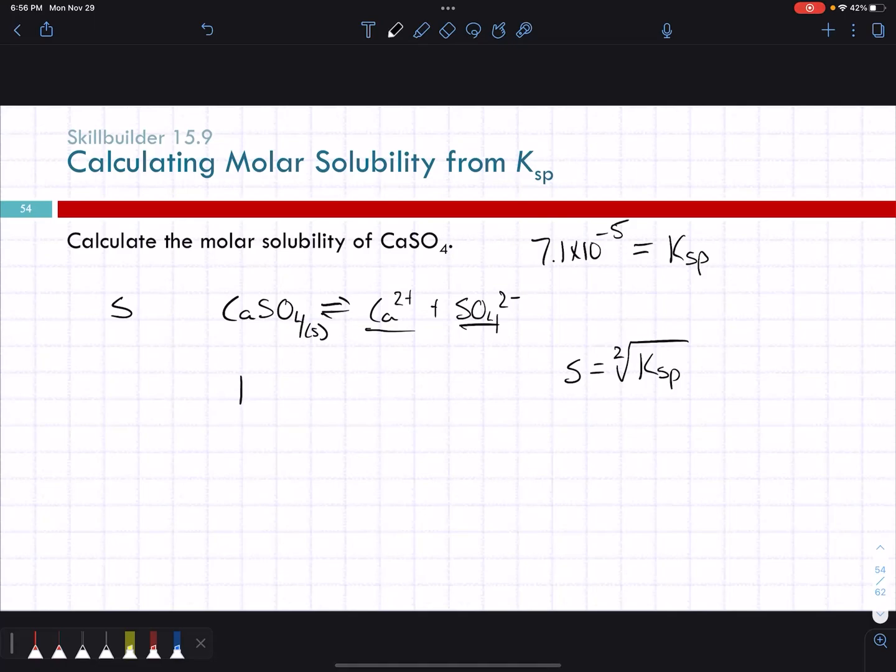But we could also just go ahead and write out the Ksp equation: calcium 2 plus times SO4 2 minus. So each of these ions is coming from the same calcium sulfate.